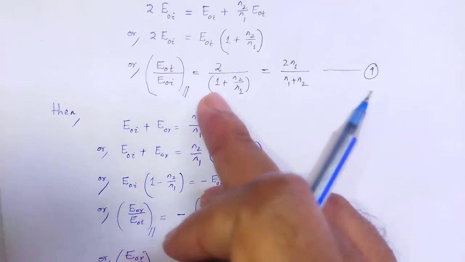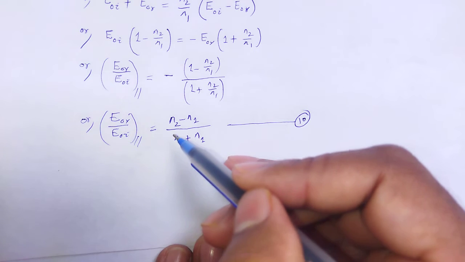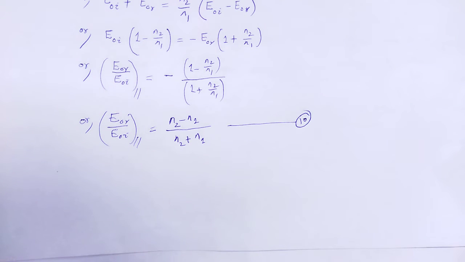E0T divided by E0I at parallel situation and E0R divided by E0I at parallel situation. From that expression we can easily showcase what is the reflection coefficient or transmission coefficient.